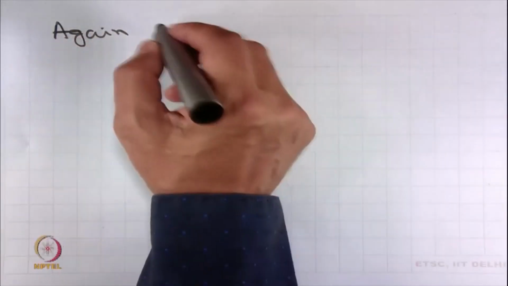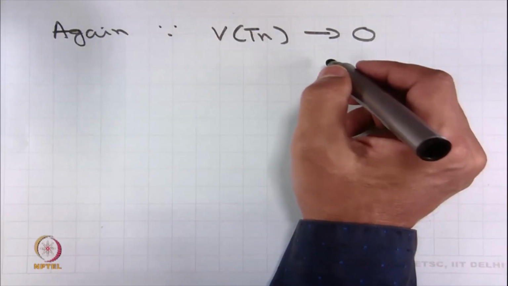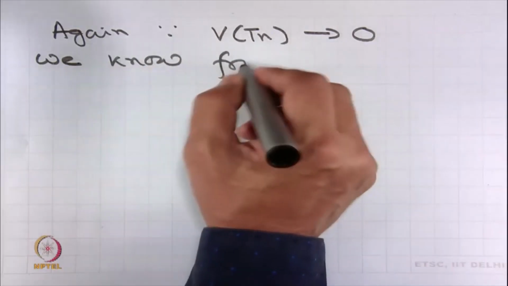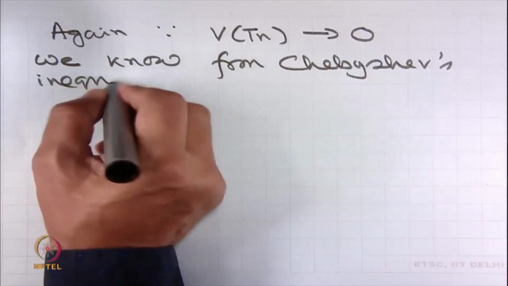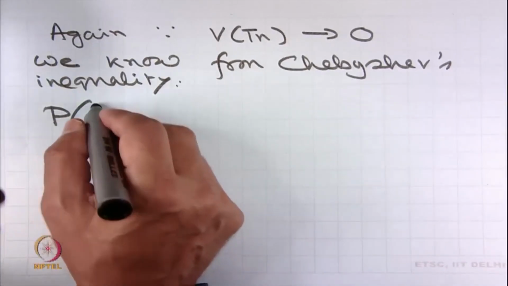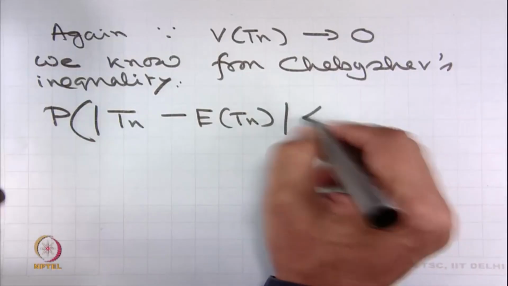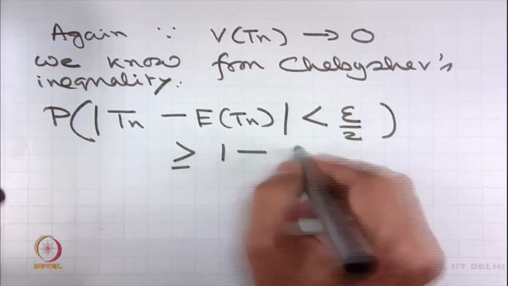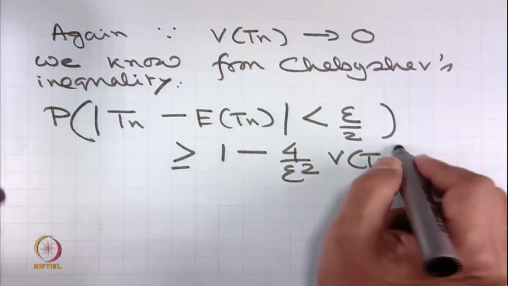Again, since variance of T n is going to 0, we know from Chebyshev's inequality, probability modulus of T n minus expected value of T n less than epsilon by 2 is greater than equal to 1 minus 4 by epsilon square into variance of T n.